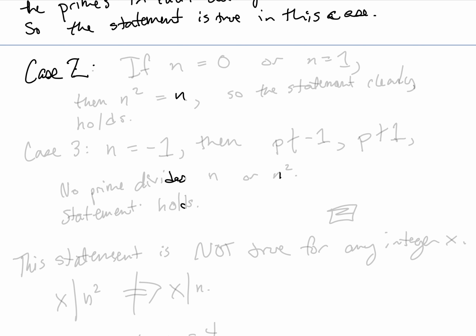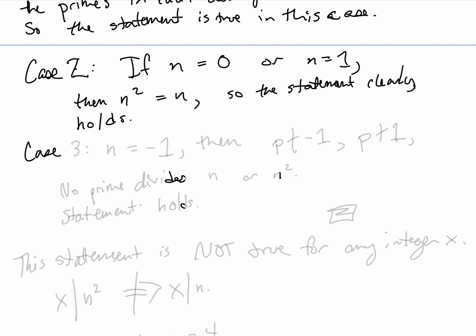This is case 2. If n is equal to 0 or n is equal to 1, then n squared is just equal to n. So the statement clearly holds. Anything that would be true about n squared would also be true about n, and vice versa.